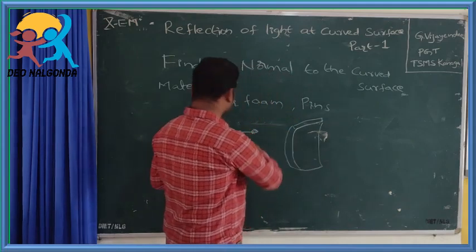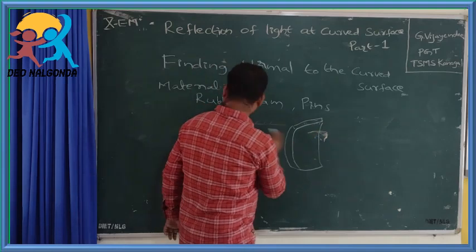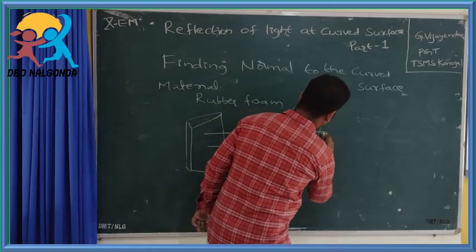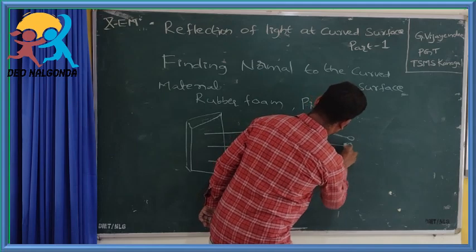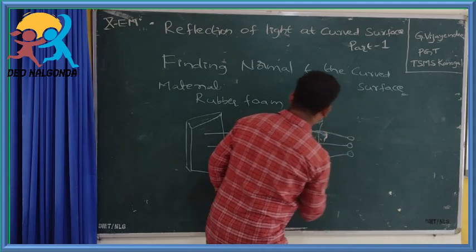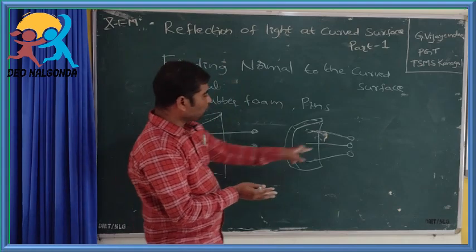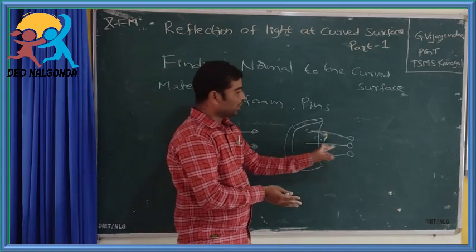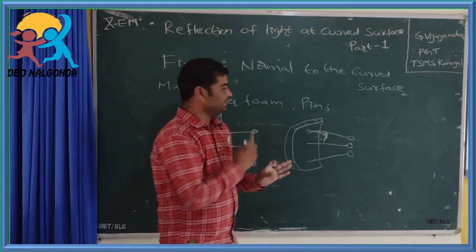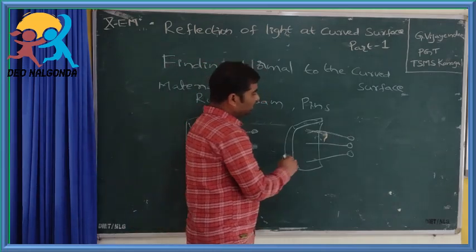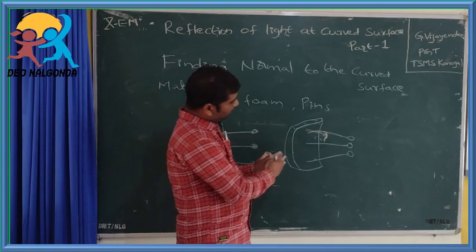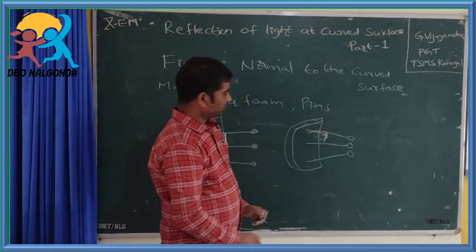If we bend this rubber foam inside, the pins look like this. That means these pins are moving towards a point, converging at a point. They are still showing the normal to the surface.